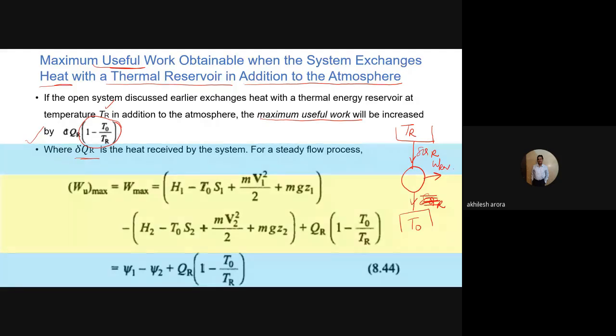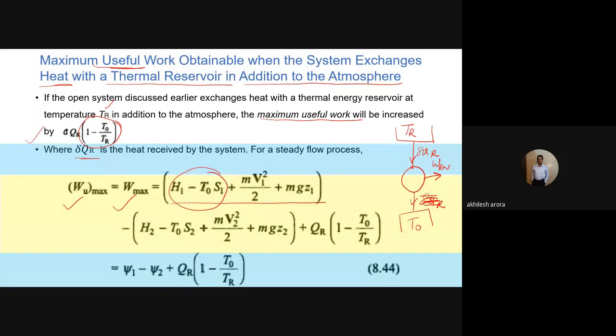So for a steady flow process, what is the maximum useful work? In the case of an open system, maximum useful work and maximum work are the same. So once it is the same, what we can do is, this was the expression earlier, H1 minus T naught S. And what was this term known as?